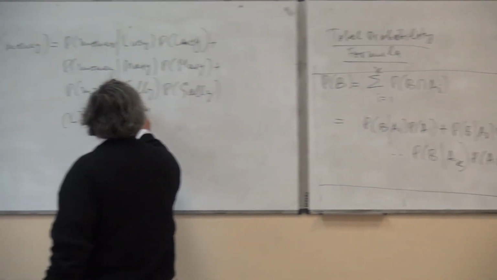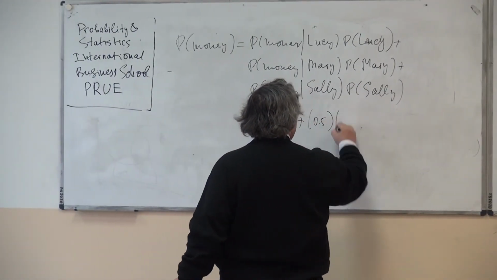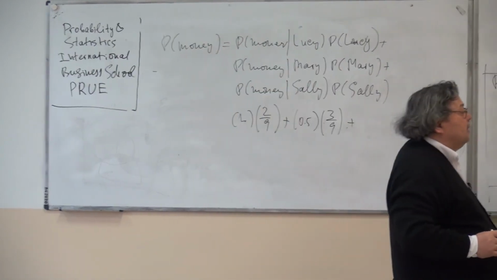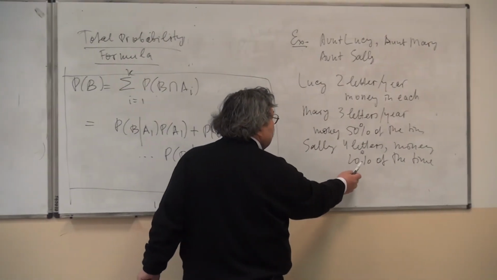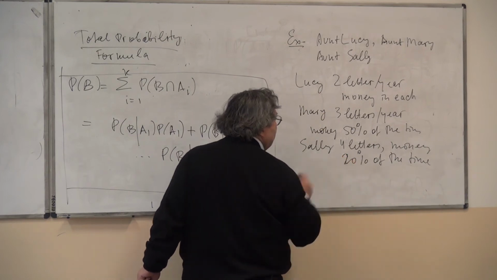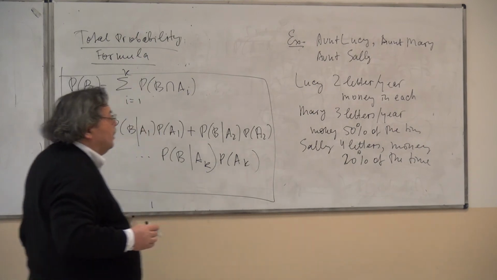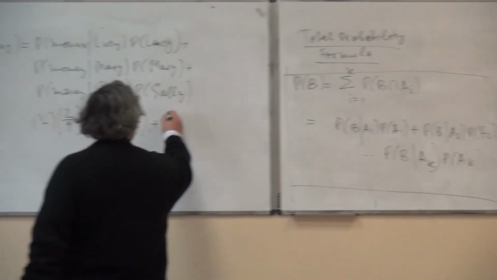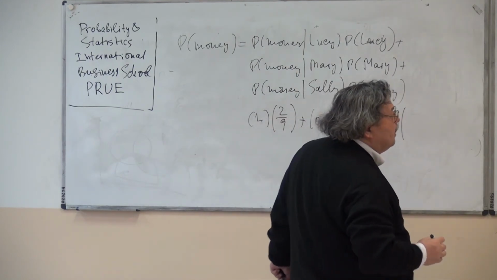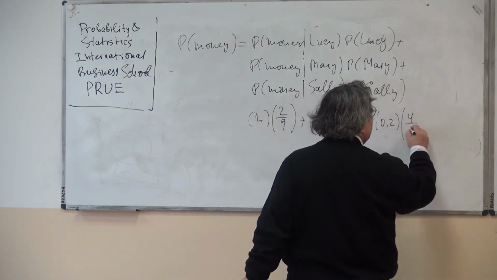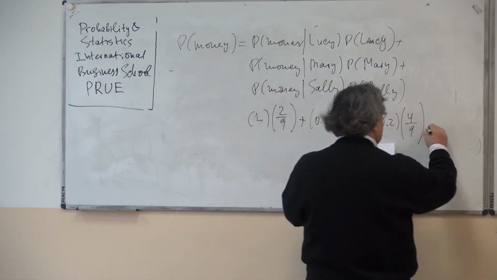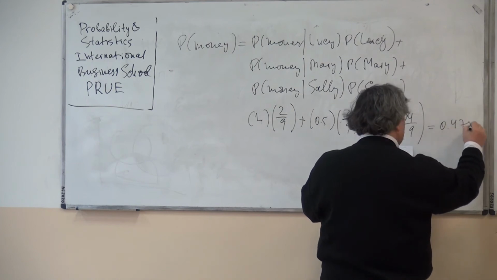So it's 0.5 times 3 over 9, plus, for the last one, the conditional probability is 0.2, and 4 letters out of 9 come from Aunt Sally. Using the calculator, this is what we get, 0.478, okay?